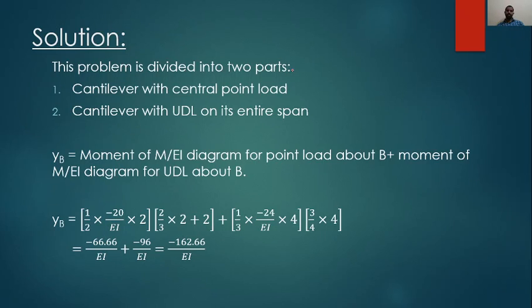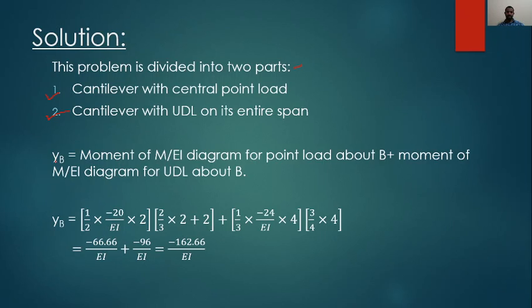Now this problem is divided into two parts. Number one, cantilever with a central point load, and number two, cantilever with a UDL on the entire span. Now let YB be the deflection due to point load and UDL. Here we follow the moment area method.